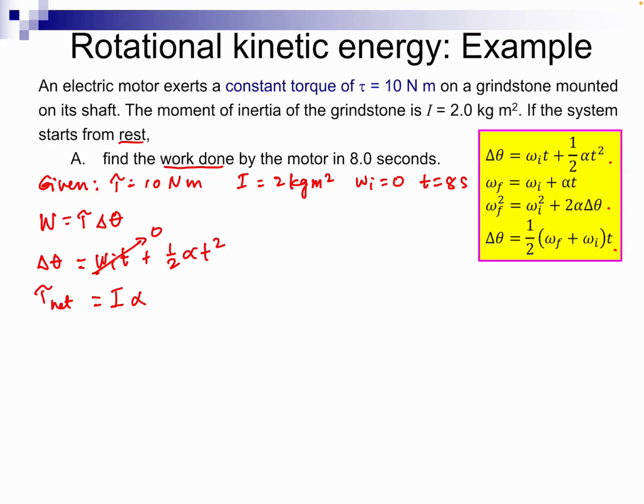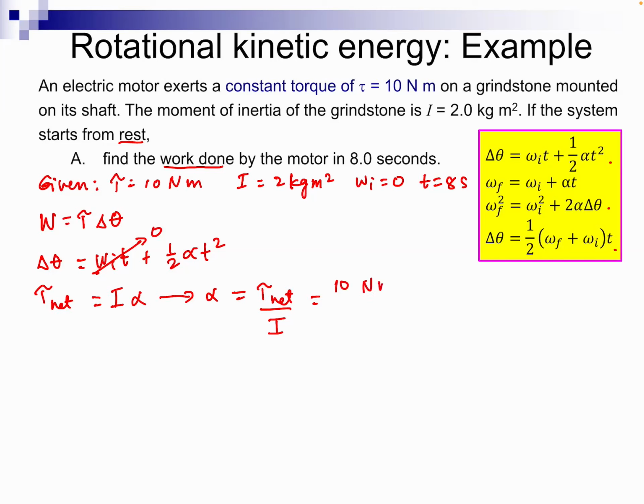This is Newton's second law of motion in rotation: F equals ma translates into torque equals I alpha. From here, we can solve for alpha. Alpha is equal to the net torque divided by the moment of inertia. Both are given in the information.